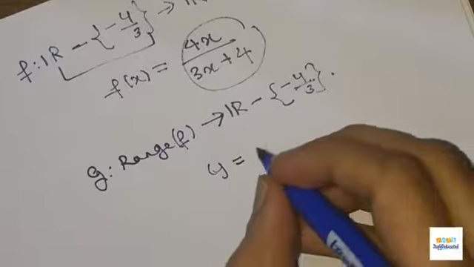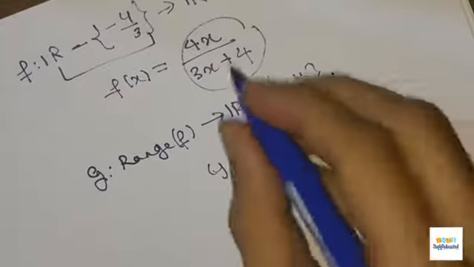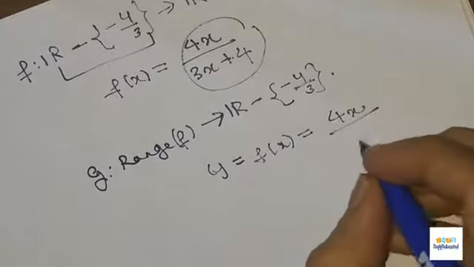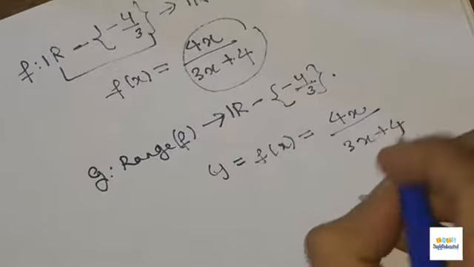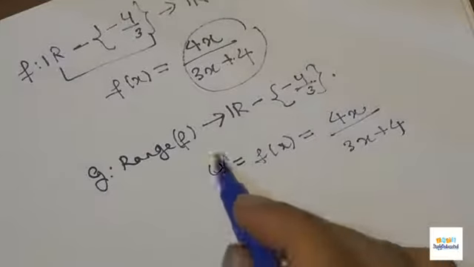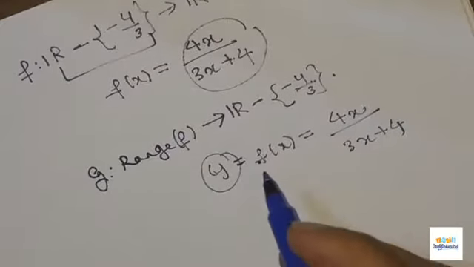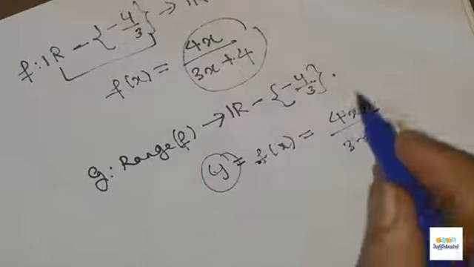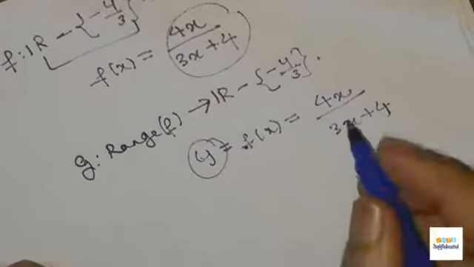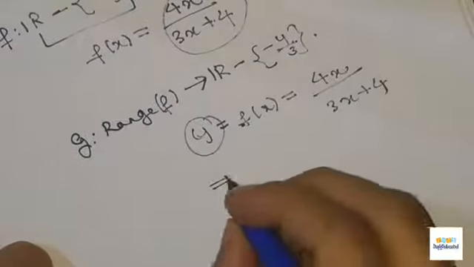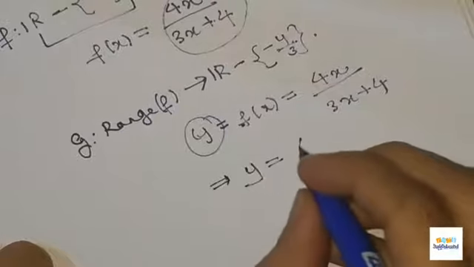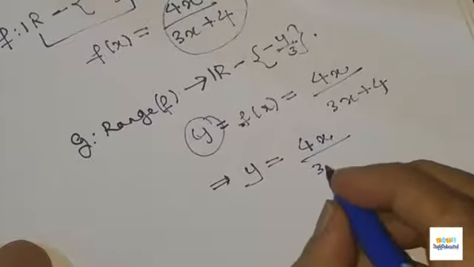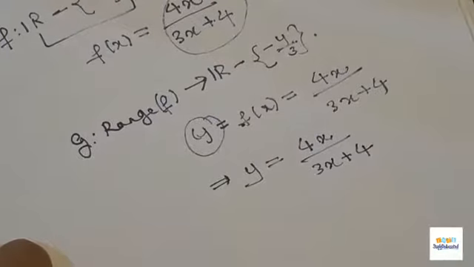So what you do is take y equal to f(x), which is equal to 4x divided by 3x plus 4. You take an element y in the range of f, and then you will get y equal to f(x) equal to 4x divided by 3x plus 4.